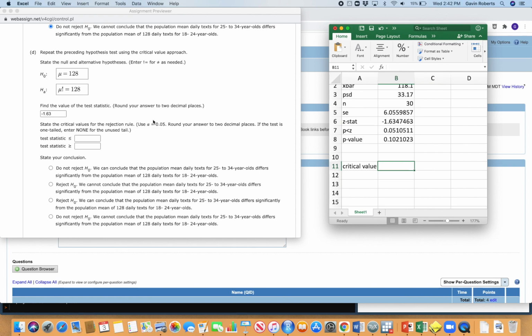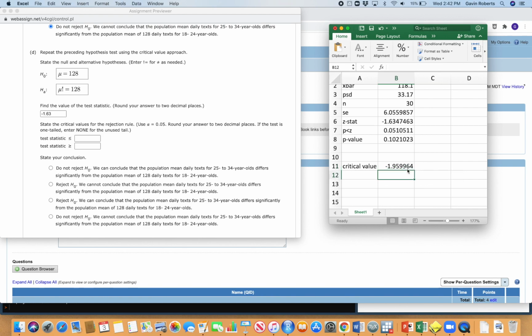How much do I need in each tail? 0.025. So this is going to be equal to norm.inv, because we're going to put in a probability, 0.025. That's the area to the left of this number, comma, from a z distribution, mean of 0, standard deviation of 1.